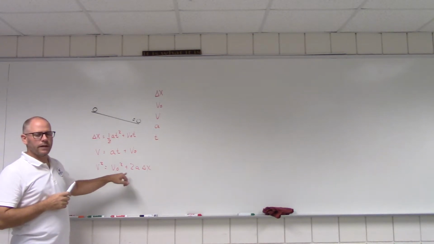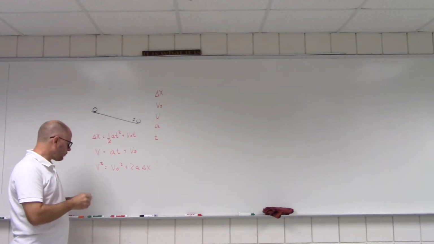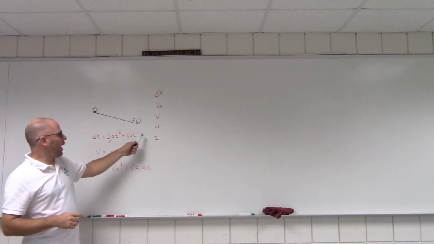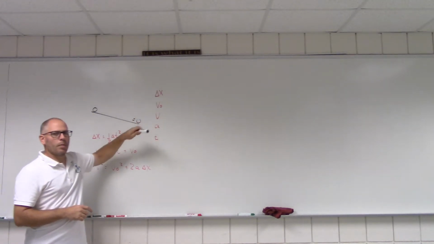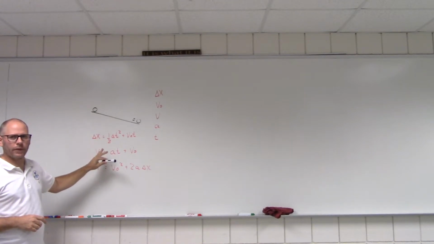And final velocity, initial velocity, acceleration, and the change in the position. What I think is very interesting about these is you have 5 variables, but in each of these 3 equations, you only have 4 out of the 5 of them.